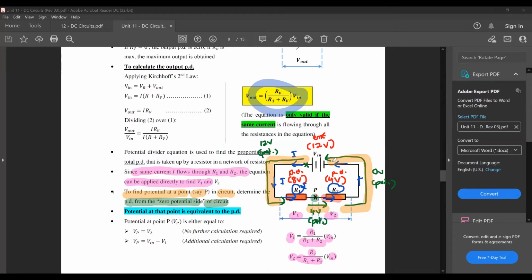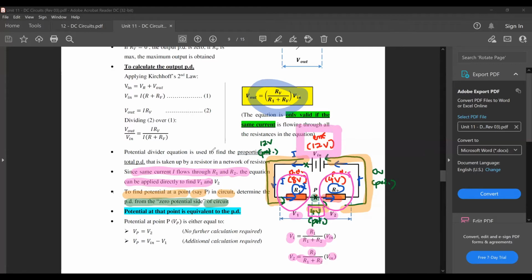So let's just say you're only given the value of the EMF, and you have a choice of either finding the PD across R1 or the PD across R2. Which one is easier for you to find the value of potential 4 volts here?